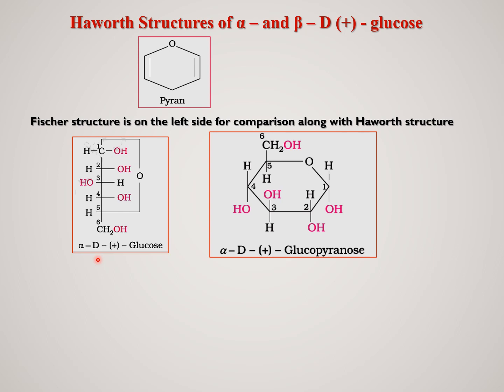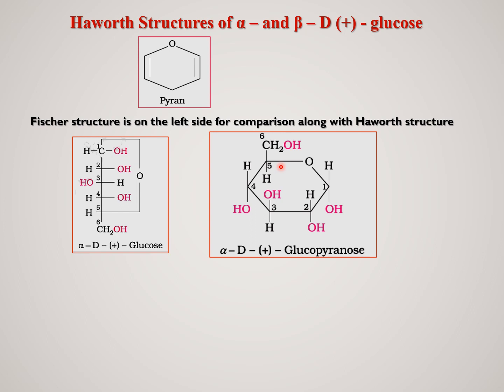So you are having always in the Haworth structure the oxygen atom written at the top right hand corner and the regular pyran ring is drawn. You will start numbering from here, from the carbon atom below oxygen to the right as 1, 2, 3, 4, 5.